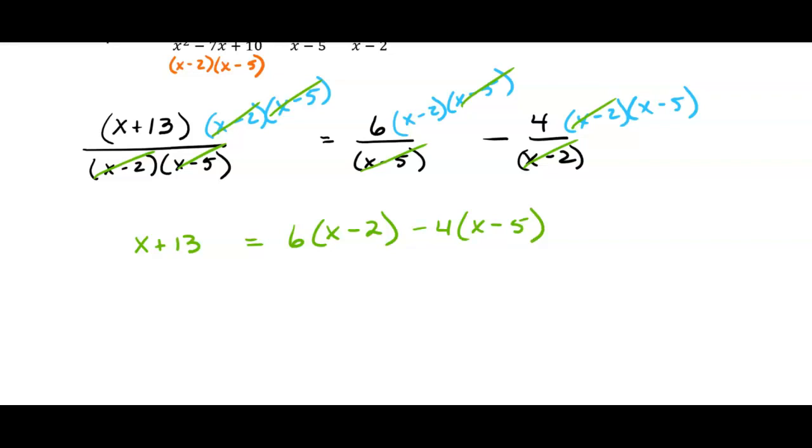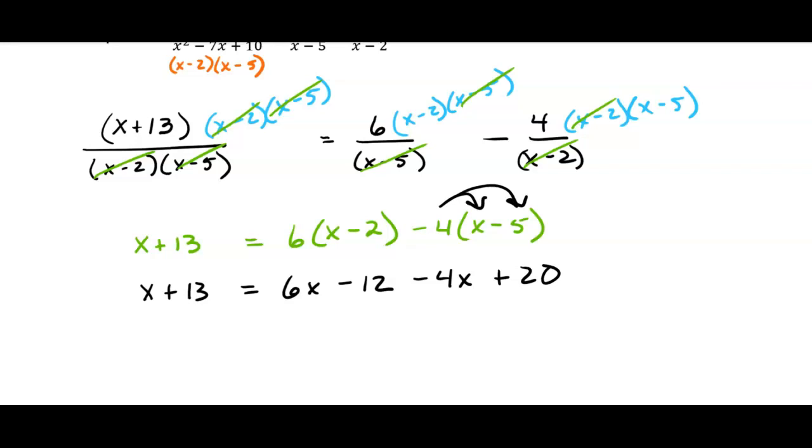Looks okay. And now I have x plus 13 equals 6x minus 12. So I'm doing the distributing. And then I have minus 4x plus 20, because a negative 4 times the x, but then it's negative 4 times negative 5, which is a positive 20.